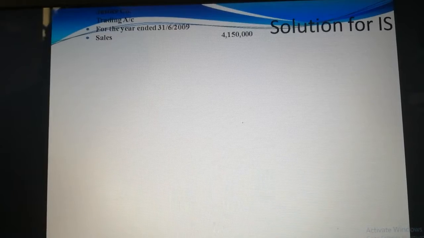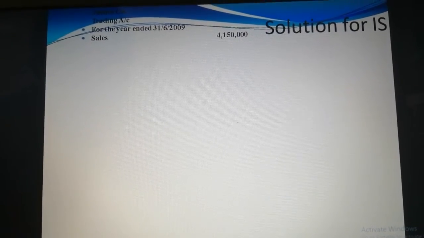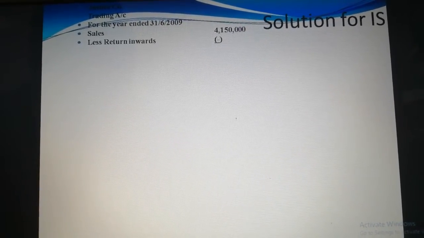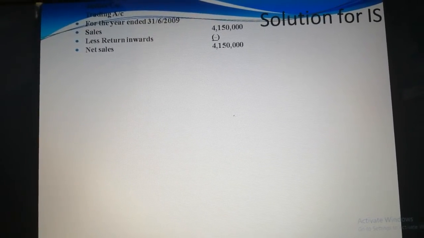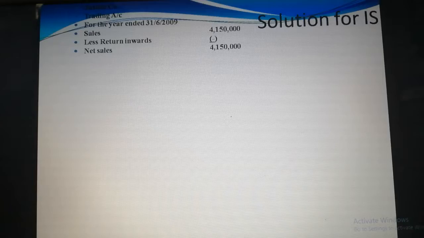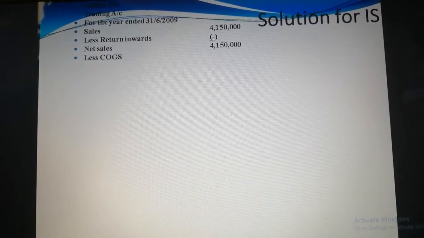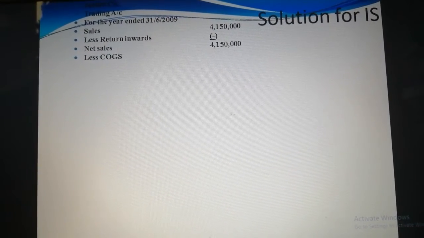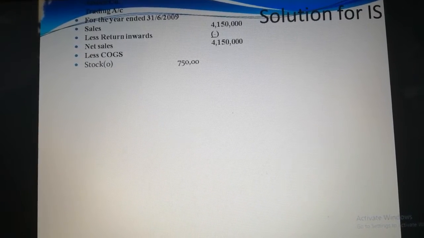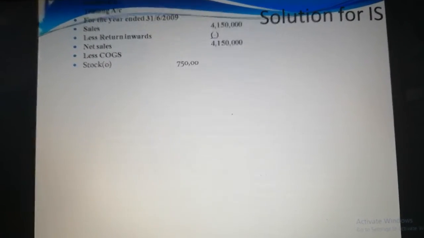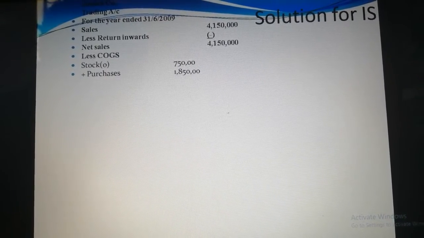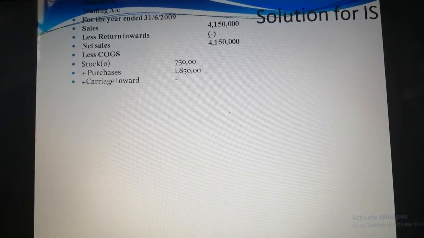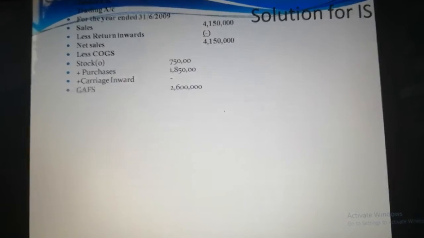Then sales. Our sales was 4,150,000. You less return inwards, which according to the question is not there. What you get is net sales, which is 4,150,000, less cost of goods sold. How do you get the cost of goods sold? You say stock opening 750,000, add purchases 1,850,000, add carriage inwards, which is not there.